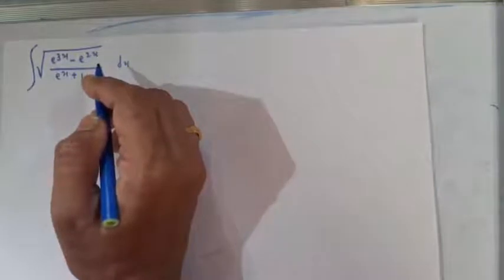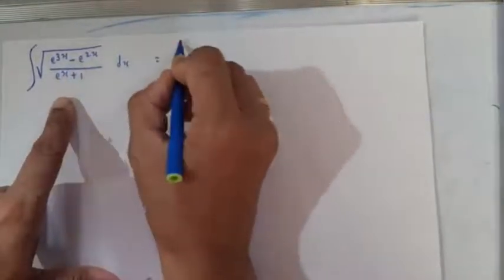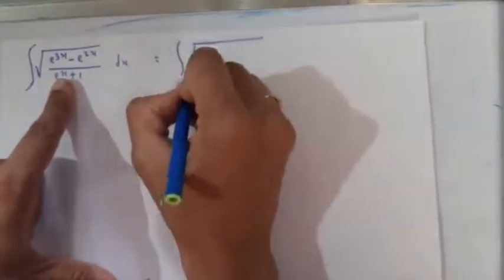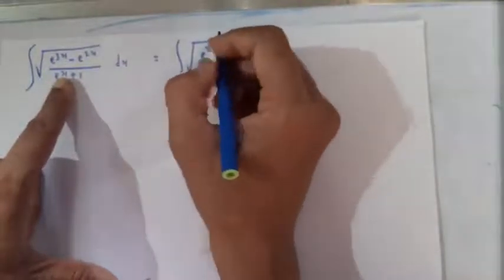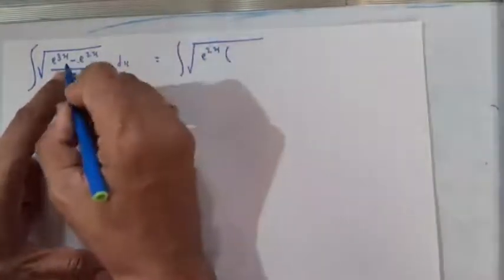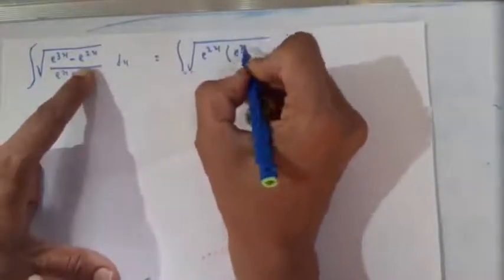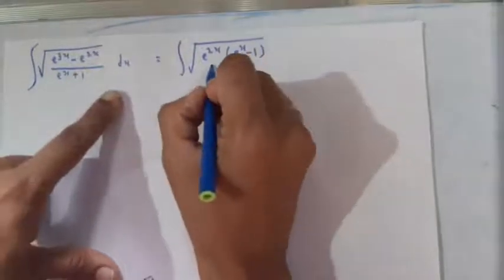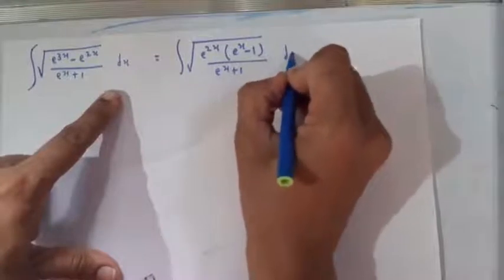To solve this example, let us take e raised to 2x common from the numerator, that is square root of e raised to 2x times (e raised to x minus 1) upon e raised to x plus 1, with respect to x.